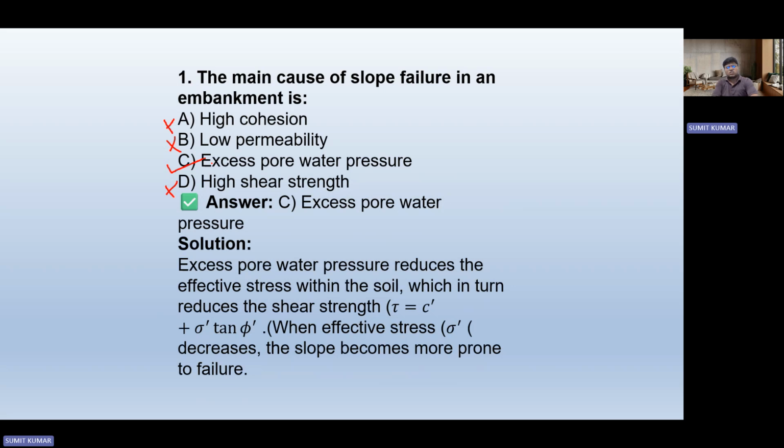See, it is already given over here that the excess pore water pressure is the main cause of slope failure in the embankment, and the solution says that the excess pore water pressure reduces the effective stress within the soil, which in turn reduces the shear strength, that is tau equal to C dash plus sigma dash tan phi, where effective stress sigma dash decreases, hence the slope becomes more prone to failure. That is the basic thing due to which the failure takes place across the slope body.